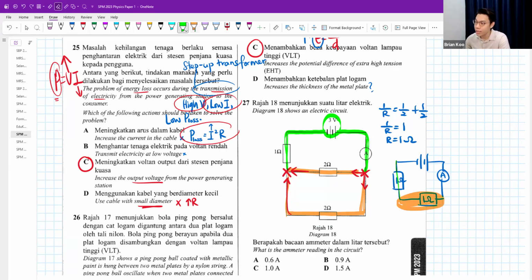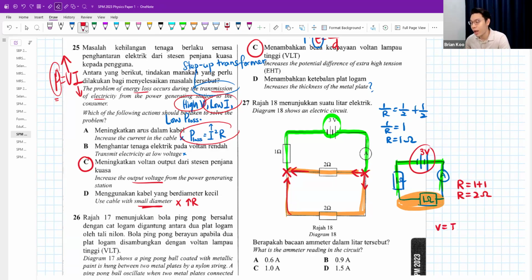Then the green color part is right here. Do you see the wire never split now? The whole thing is just one connected wire. Never split meaning all in series. The total resistance now is 1 ohm plus 1 ohm. And the voltage of the battery is 3.